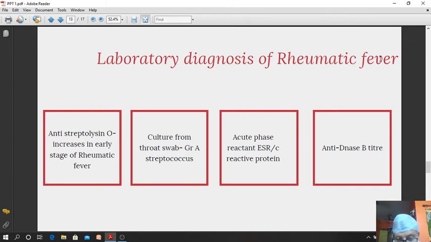Third is increased acute phase reactants, that is increased erythrocyte sedimentation rate or increased C-reactive protein. Fourth, though this is not done very often, is anti-DNase B titer. So these are the 4 laboratory parameters for diagnosis of rheumatic fever.